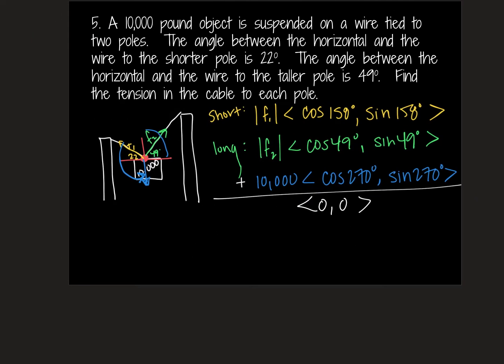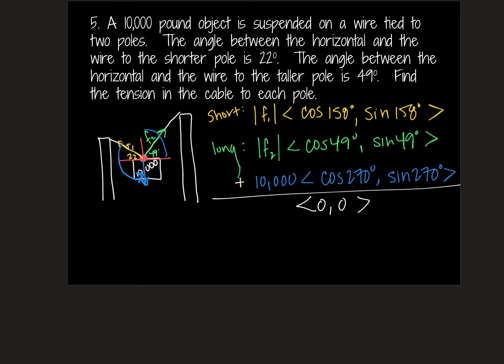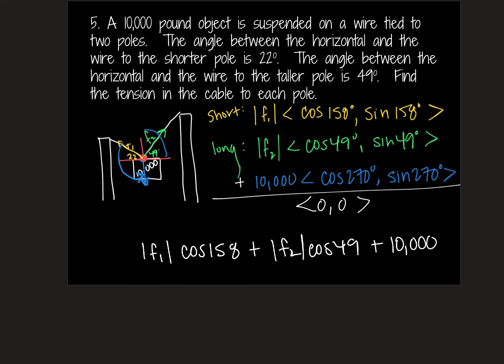So I'm going to add the horizontal components and I'm going to add the vertical components. So the horizontal of the short, horizontal of the long, and then horizontal of the weight, but cosine of 270 is just 0, so we don't even need that.